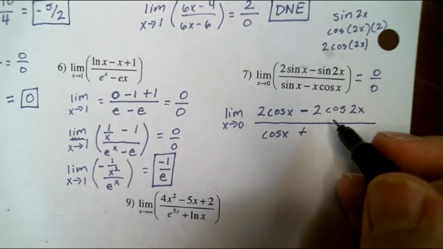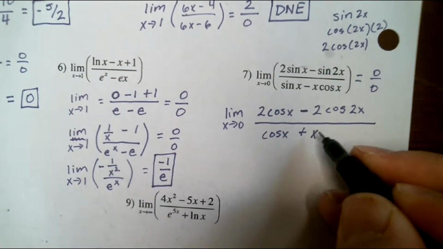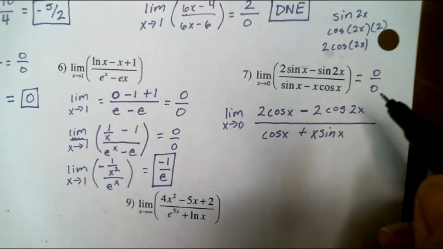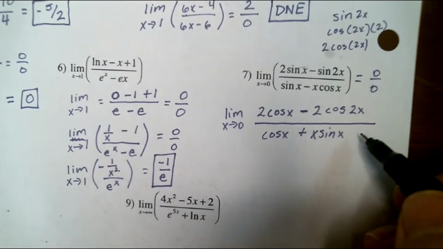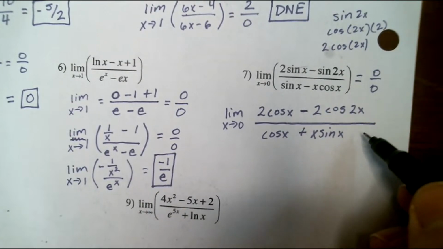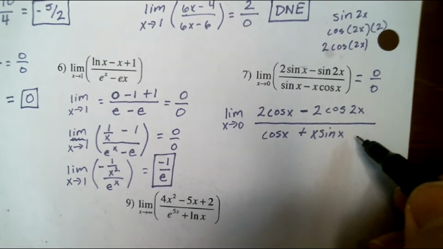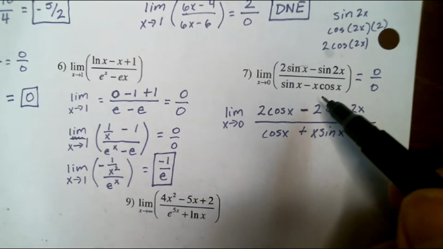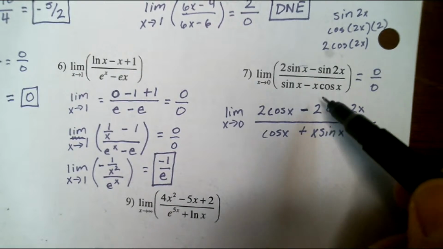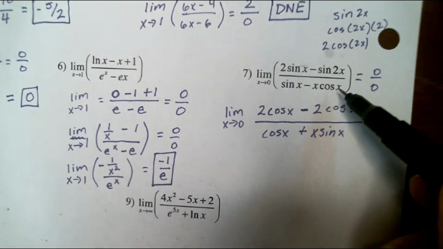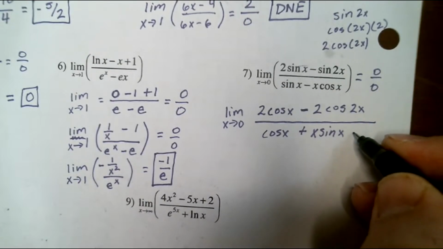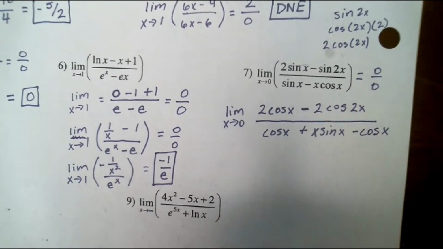So plus x, the derivative of cosine is sine x, and then we say plus, and I know it's actually going to be a minus here, but I say plus because product rule is plus the first. So here we did the first one times the derivative of the second one. Now we do the second one times the derivative of the first. So that would be minus cosine x.